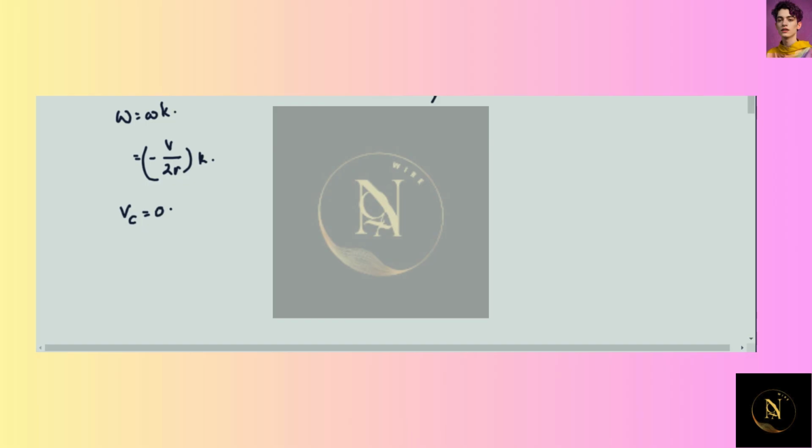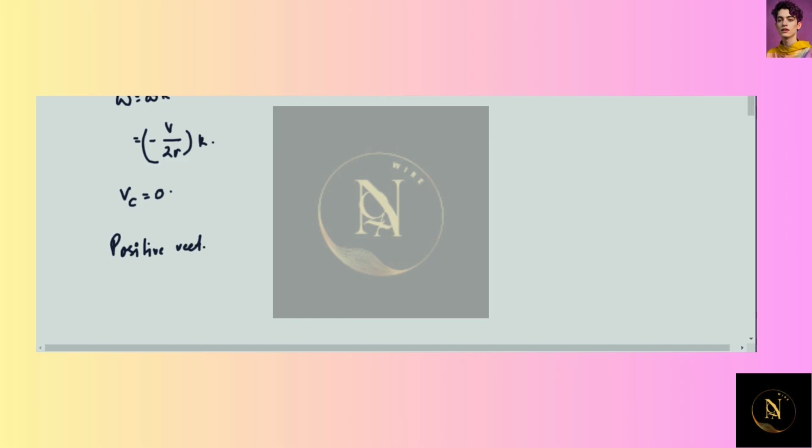Now the position vector of point A with respect to point C is negative OA i plus OC j.